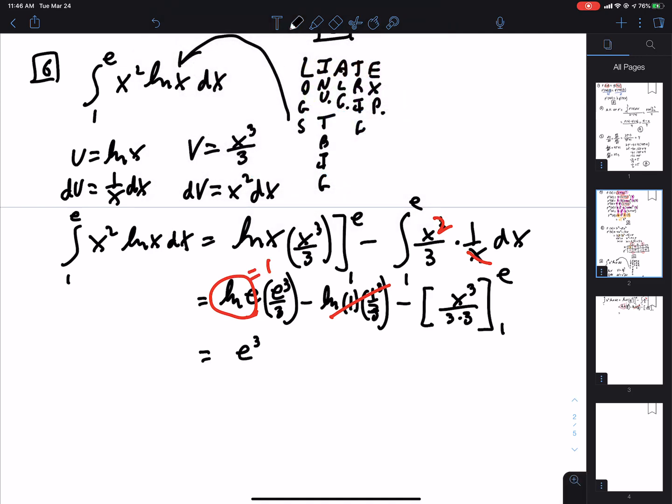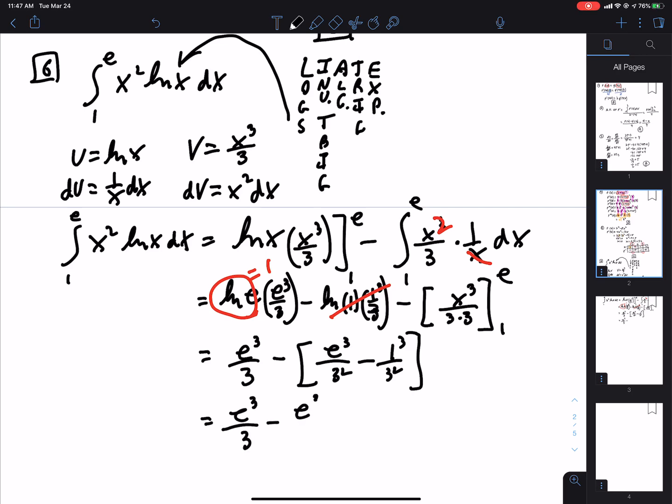So we get e cubed over 3 minus, we'll plug in e cubed over 3 times 3, plug in 1, minus 1 cubed over 3 times 3, whoa, 3 squared. And hopefully this comes out nicely. e cubed over 9 plus 1 over 9.